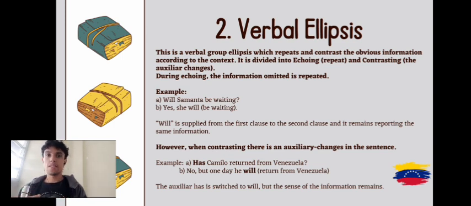So that's why it is important to pay attention to what is happening in the speech, and to be aware of the context that surrounds the text or the speech we are talking about. Let's look at some examples to understand this type of ellipsis.